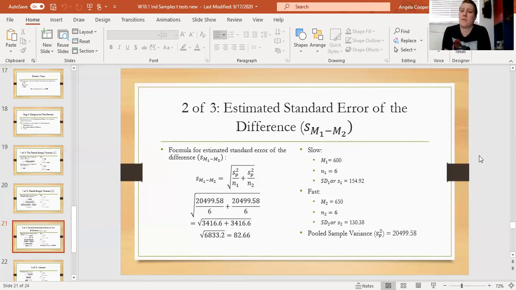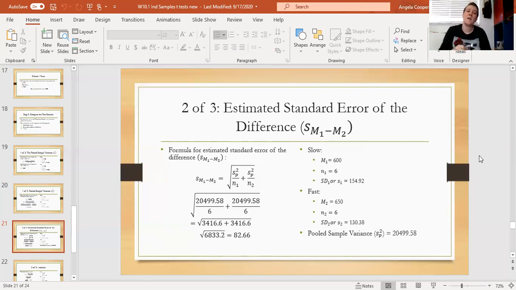And I did mention before getting into this that we had to calculate these different things in this particular order, because we had to calculate pooled sample variance first, since that calculation is used when we calculate the estimated standard error of the difference. Well, I wasn't kidding you.